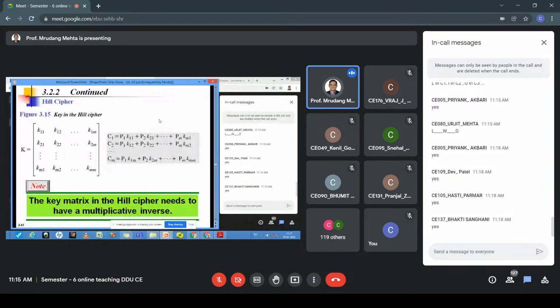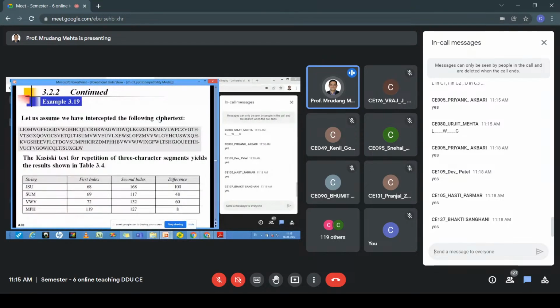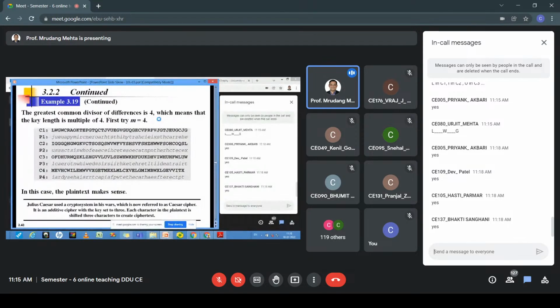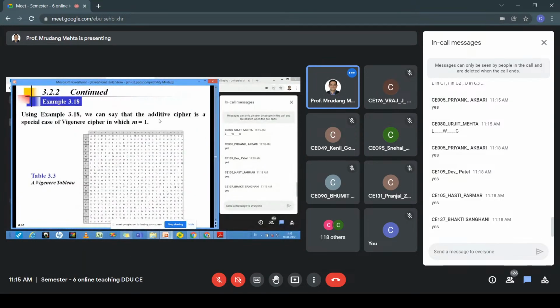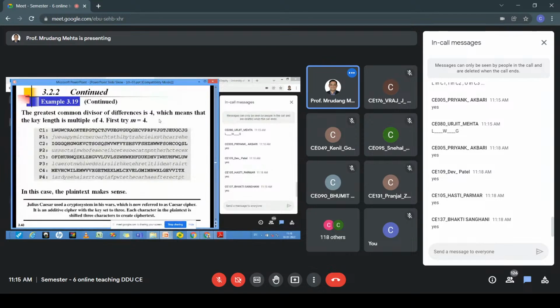With m equal to 4, what we have to perform? We have to guess the key and find the correct table, right? So correct E. Now L, if you can, how is this shifting done?